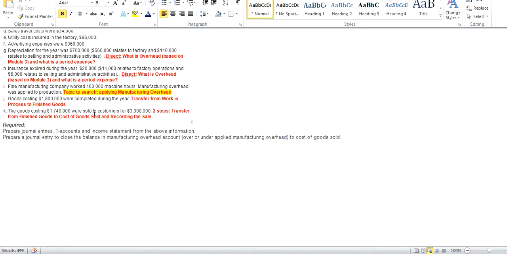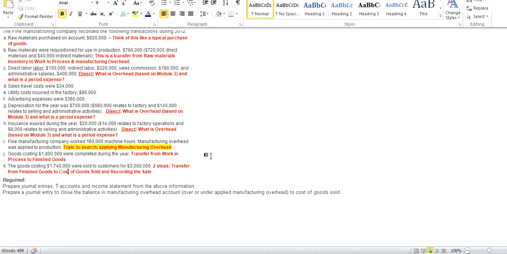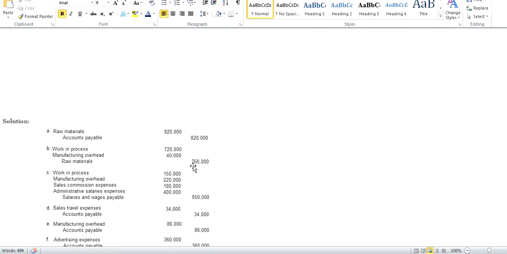And then obviously the second part is to record the sale. Your standard journal entry is a debit to accounts receivable and a credit to sales. So it's pretty straightforward, but if you're seeing this for the first time, obviously it's new, it's different, and I'm going to give you extra problems to work on, but it's quite straightforward.